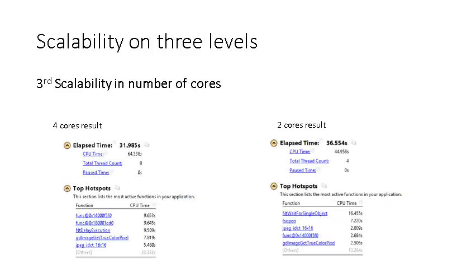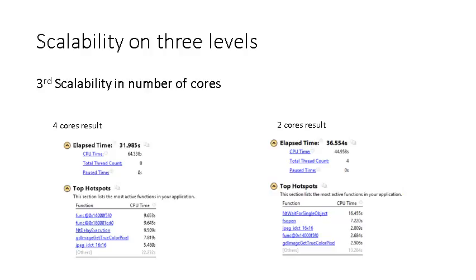And the third level of scalability is if we have a bigger CPU. We did two tests with a CPU with 4 cores and a CPU with 2 cores. In the 4-core result we have an elapsed time of 32 seconds.